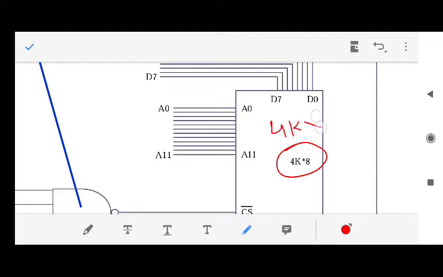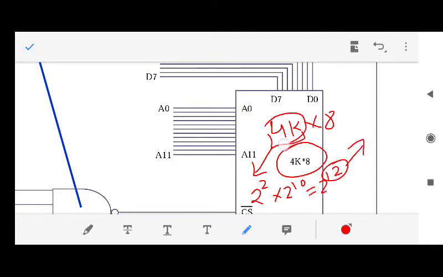4k multiplied by 8. It means you have 2 to the power 2 multiplied by 2 to the power 10, that means 2 to the power 12. You need 12 address lines. That means you have 4k locations. I have explained this theory very clearly in my last video lecture: 4k means there are 4k locations in this memory.